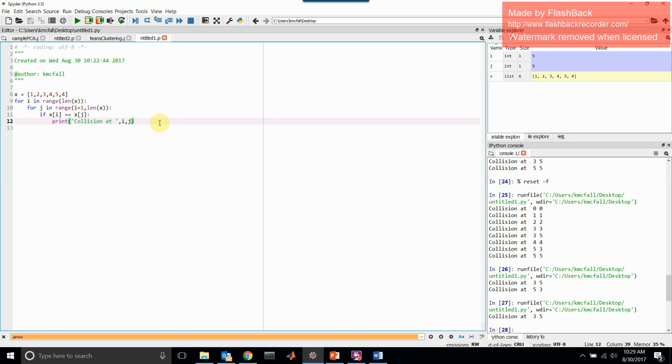When i is 0, you start with 0, 1, and then look at the first through all the end. When i is 1, you look at 2 through the end. When i is 3, you look at 3 through the end. So this is more efficient. It avoids the self collisions, and it doesn't look at both the upper diagonal and below the diagonal.